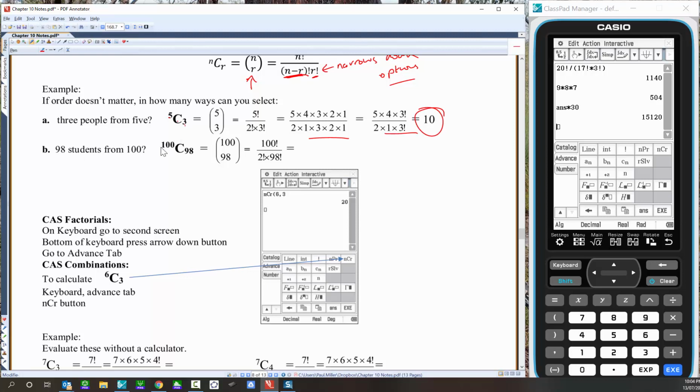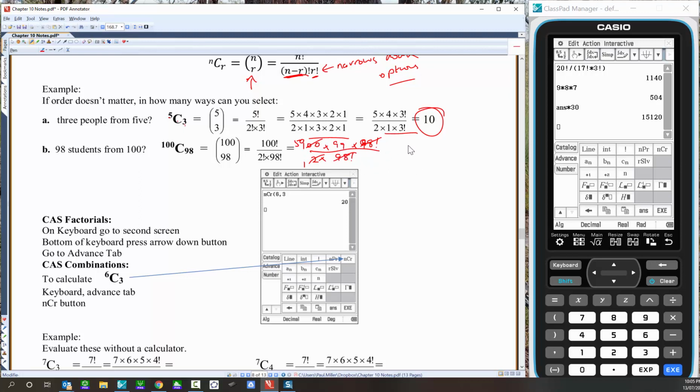98 students from 100, choose 98. You might think that that's really difficult, but remember we've got 100 times 99 times 98 factorial over 2 times 98 factorial. They cancel out, 1, 50, and that's going to be 50 times 99.